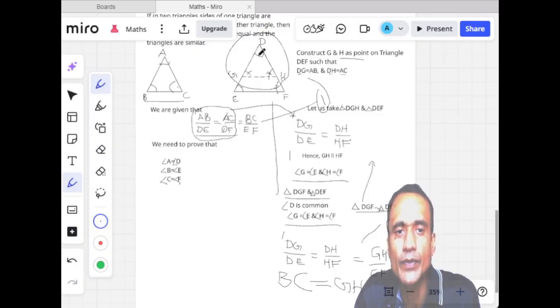So what we have proved is that these three angles are equal, I mean corresponding angles. These corresponding angles are equal. So this we write down here.